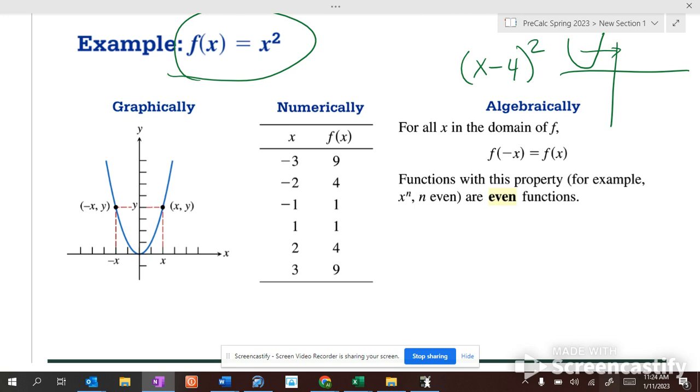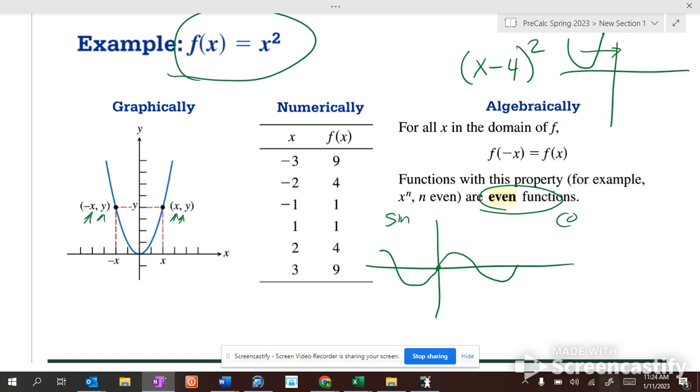But it's still basically symmetrical with the y-axis. Now, a function that acts like this, that has the same values of y for a negative value of x as a positive value of x, is said to be an even function. Now, you guys were in trig, right? Most of you have been in trig. Remember, the sine function looks like this, and this is sine, and then the cosine function looks like this.